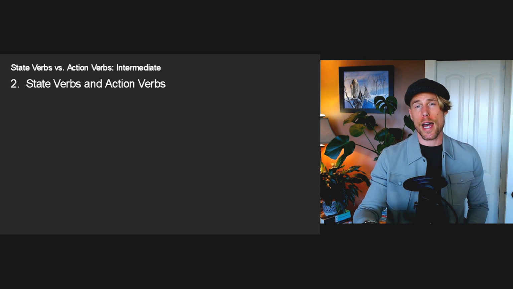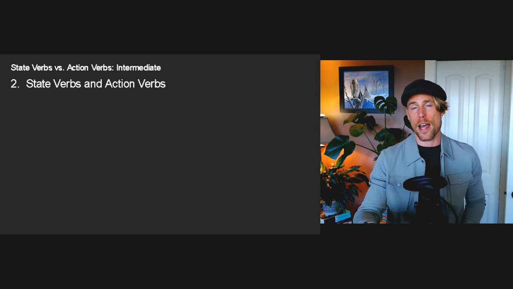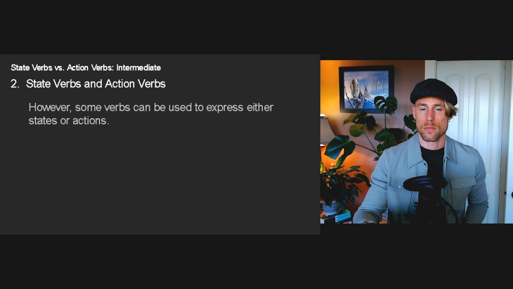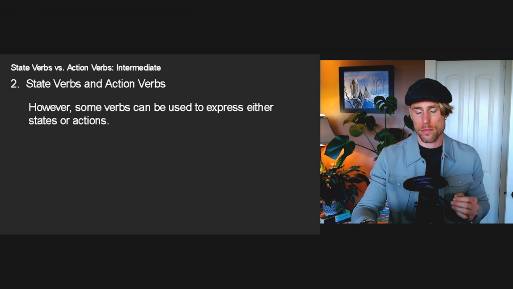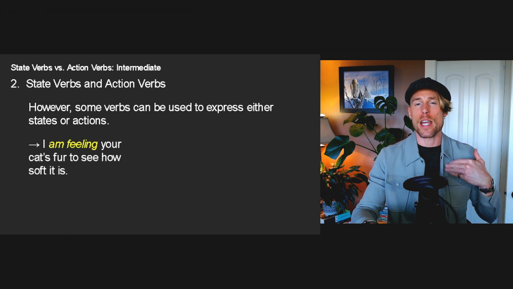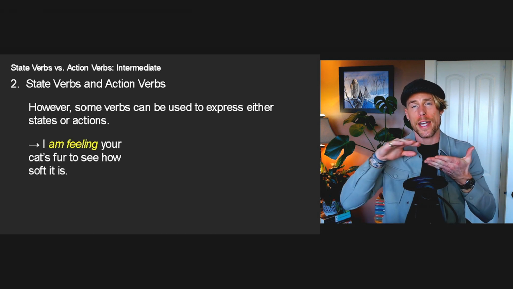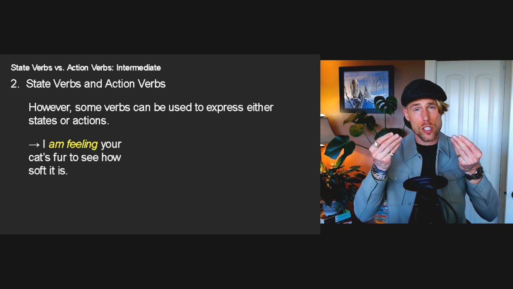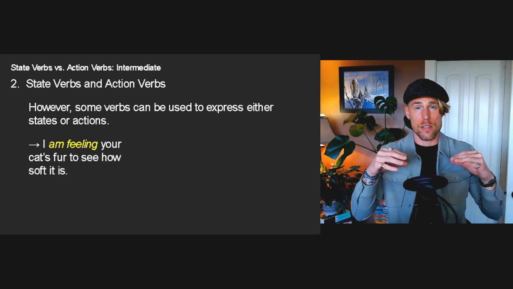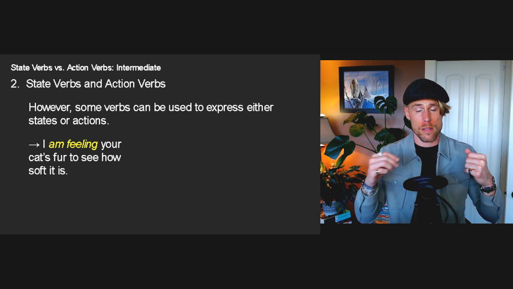Okay, let's look at state verbs and action verbs together. However, some verbs can be used to express either states or actions. I am feeling your cat's fur to see how soft it is.